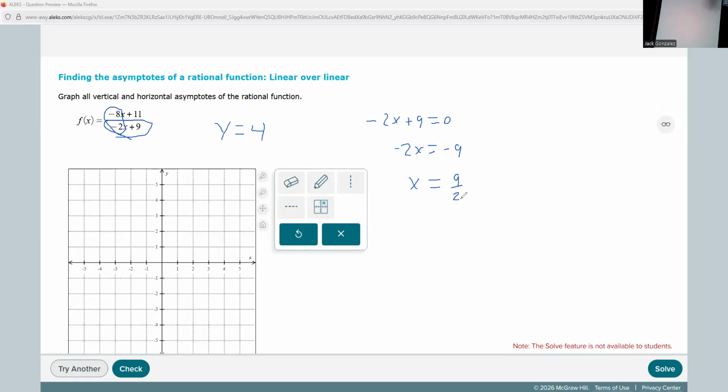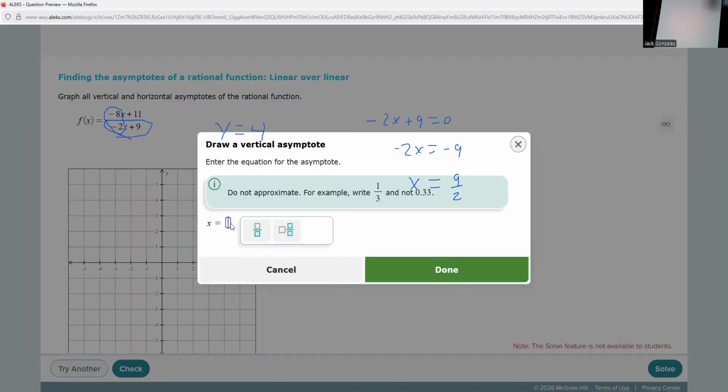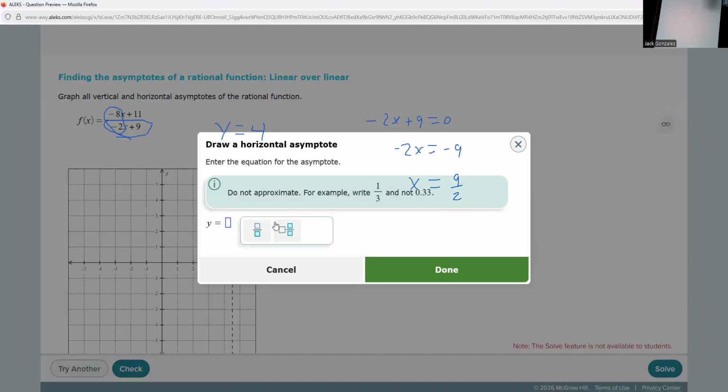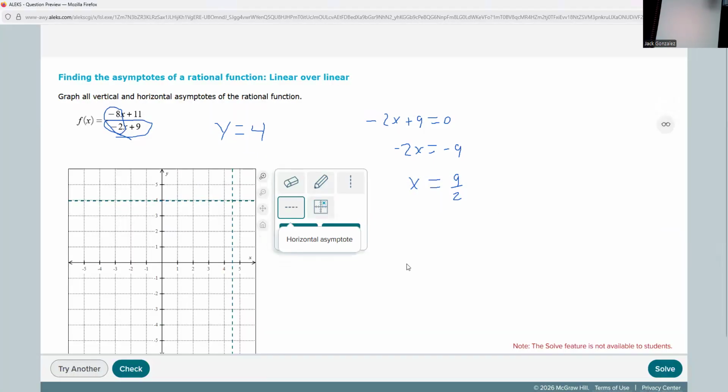So there's the vertical. So we just got to graph them. Those are my answers. Vertical asymptote x equals 9 over 2, right? We said there's a dashed line. Horizontal is case 2, so that would be the two numbers divided, -8 divided by -2, which is a 4. Right there.